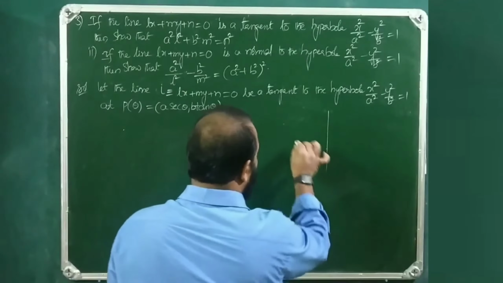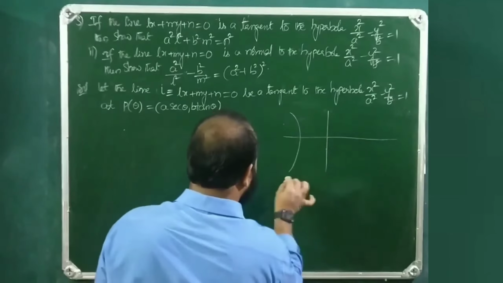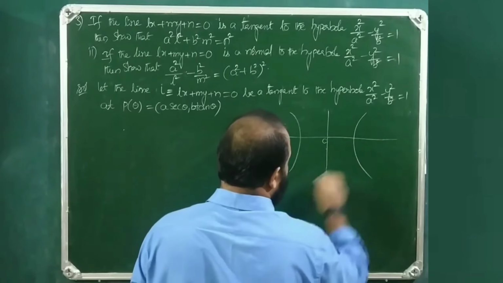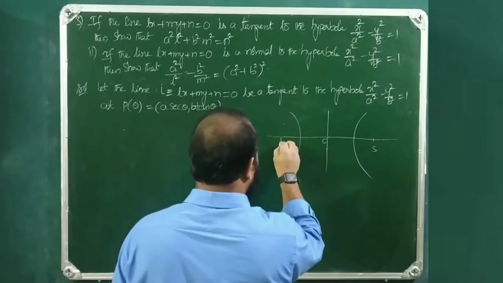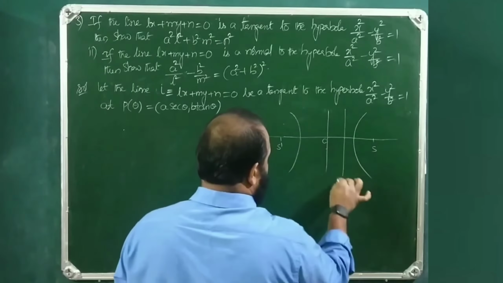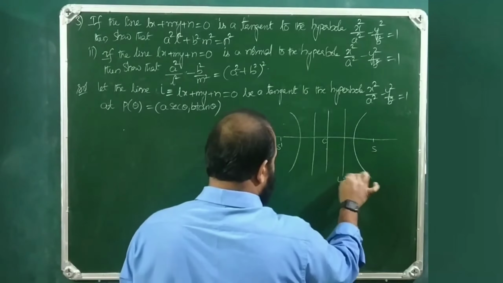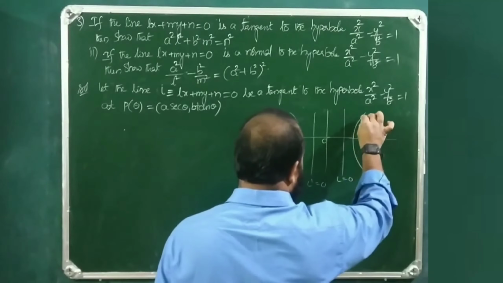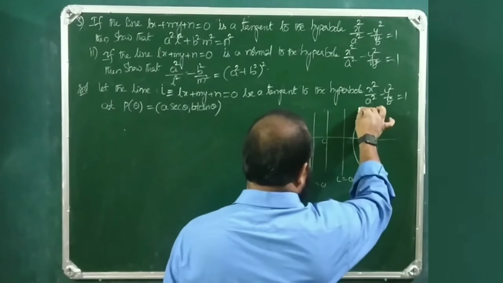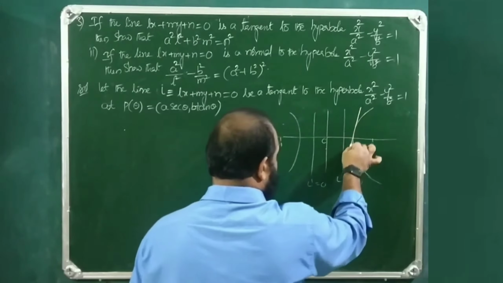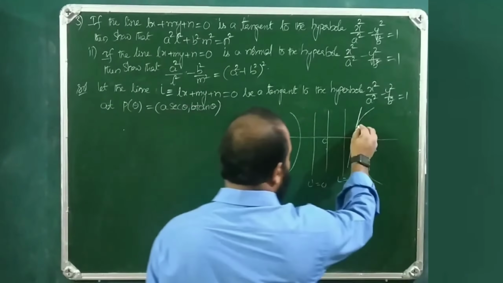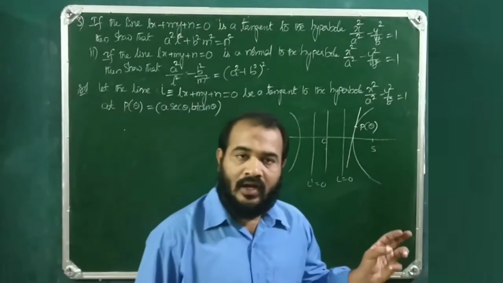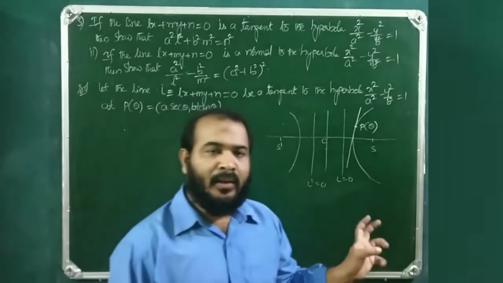That means, this is the hyperbola. Let us suppose that this is the tangent at this parametric point P theta. The parametric point for the hyperbola is a secant theta, b tan theta.